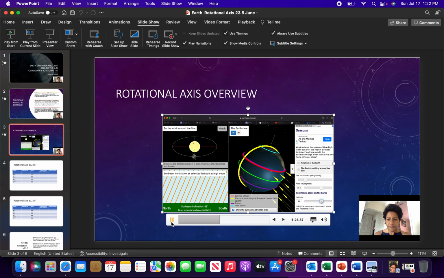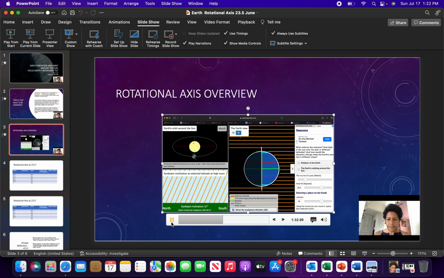For the latitude, it doesn't allow you to do 23.5, but you can do 23. For the 2D, you're going to see that the sun is directly overhead the equator. And if you were to change that to a higher, you're going to see that the sun is still directly over the equator because it is March.